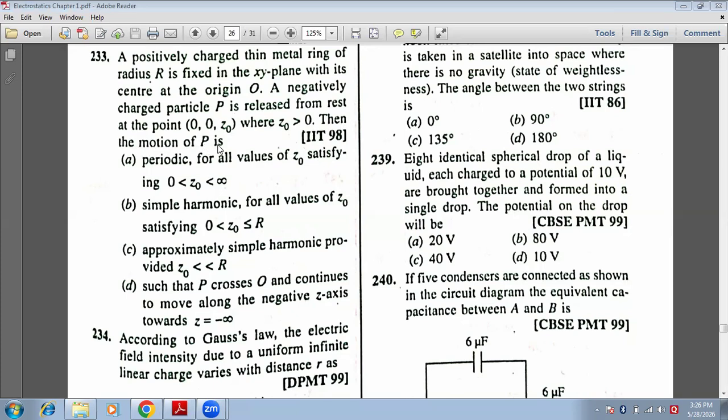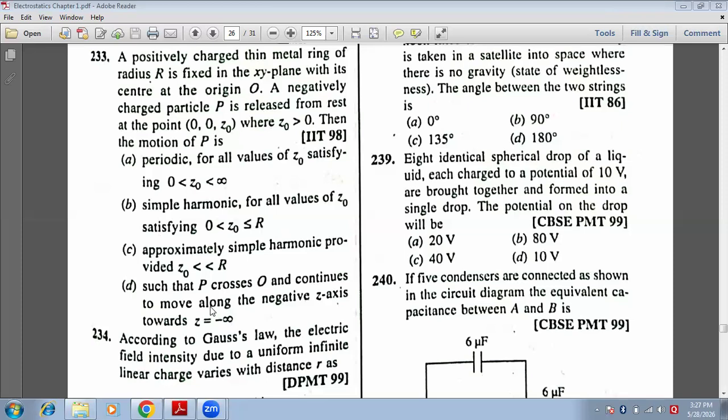Then the motion of P is: option A, periodic for all values of Z0 satisfying 0 less than Z0 less than infinity; option B, simple harmonic for all values of Z0 satisfying 0 less than Z0 less than or equal to R; option C, approximately simple harmonic provided Z0 much less than R; option D, such that P crosses O and continues to move along the negative Z axis towards Z equal to minus infinity.